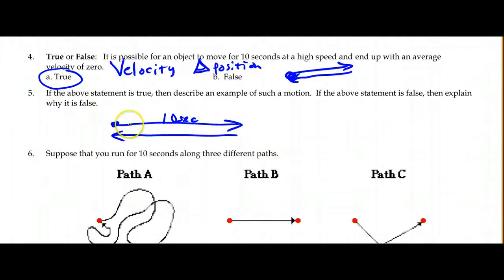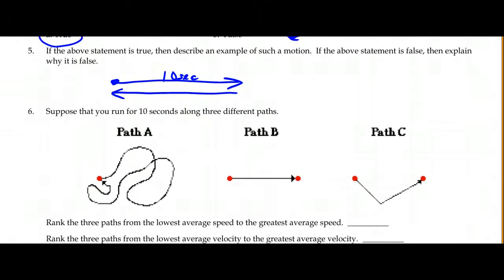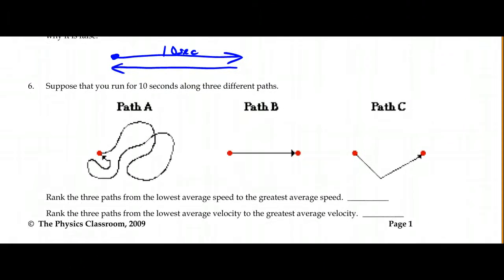Okay, now the next one we've got some paths again to look at. Some are straighter than others. Again, the shortest path between 2 points is a straight line. We're going to rank the 3 paths from lowest average speed to the greatest average speed first. Now again, average speed is just going to be the total change of distance per time. So the one where we're traveling the furthest would have the highest speed.